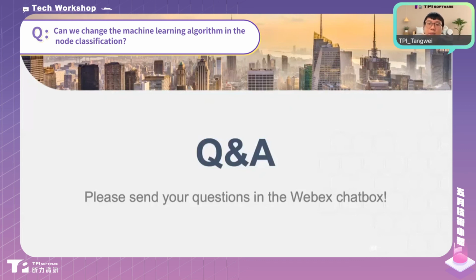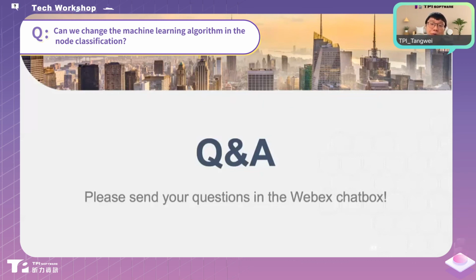So I think you mean that in the real world we have a lot of machine learning algorithms, like I said before, the neural network or the decision tree algorithms. In Neo4j Graph Data Science, the node classification is based on logistic regression.